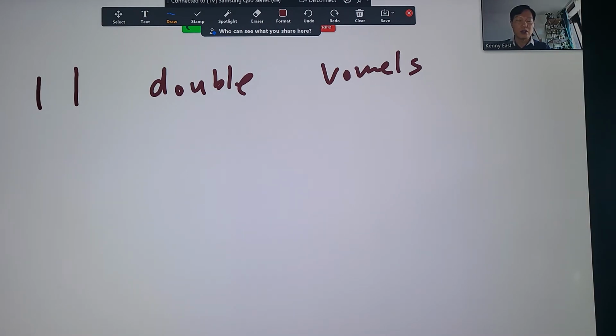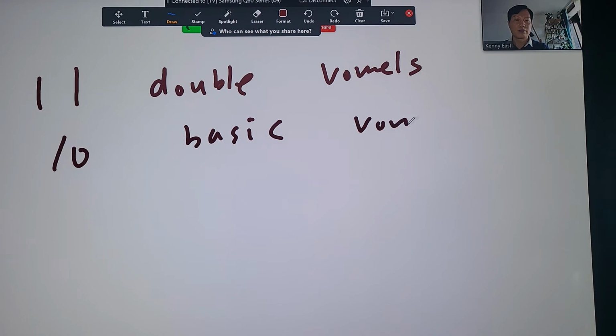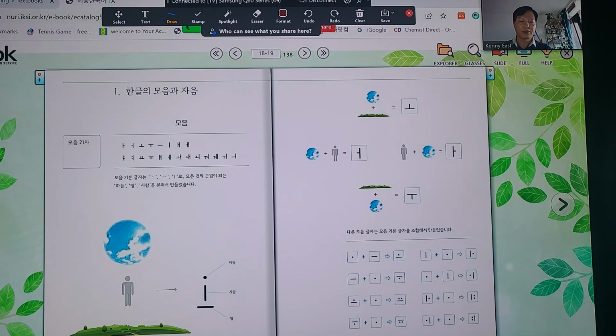If you now remember the 10 basic vowels we just learned, then we can combine them to make double vowels. 자, if you see the page here, there are some methods for how to combine vowels, right?